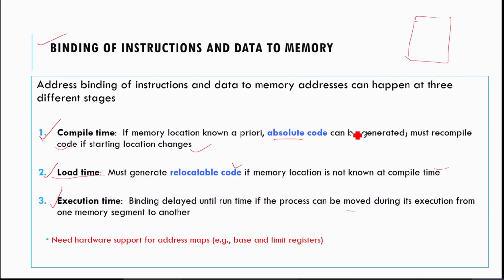Now we'll check a real example of compile time binding of the addresses. One example is railway reservation. You are going for some trip, so you have to make a reservation. You go for reservation and book one train ticket.